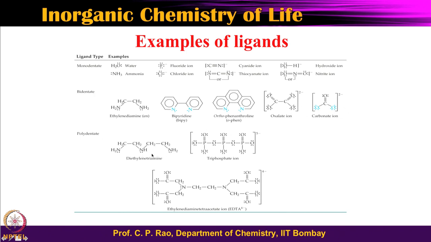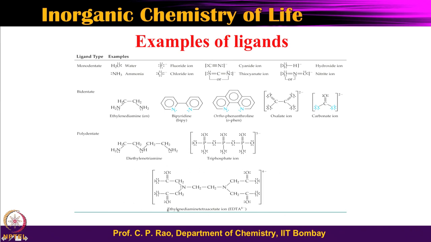You have more dentates here, one amine, another 3, it could be tridentate. So, you can have oxo ions. And here you have carboxylate moieties, 4 such carboxylate moieties, and one nitrogen, another nitrogen. It is a very famous ligand, a famous chelator which is called EDTA.